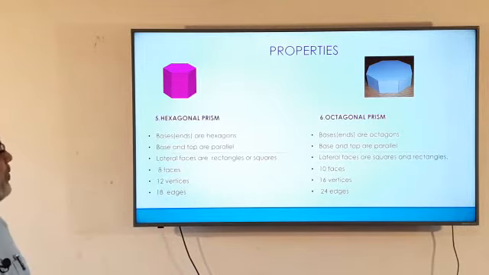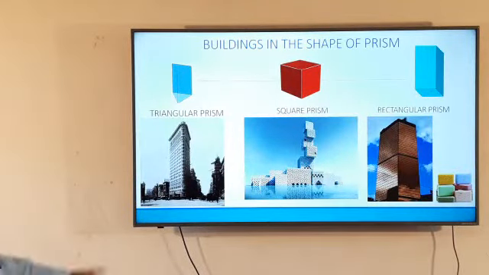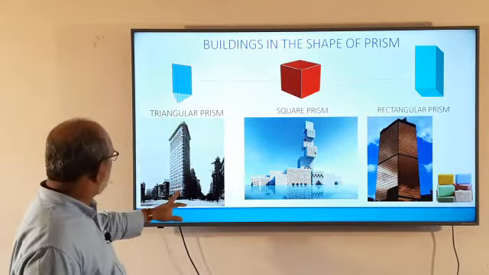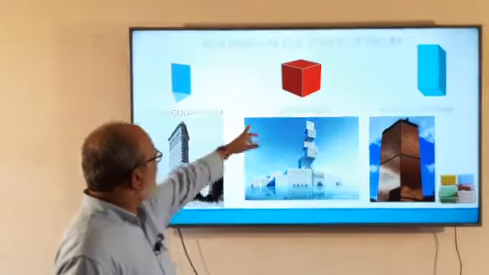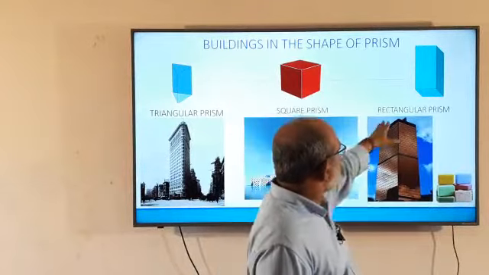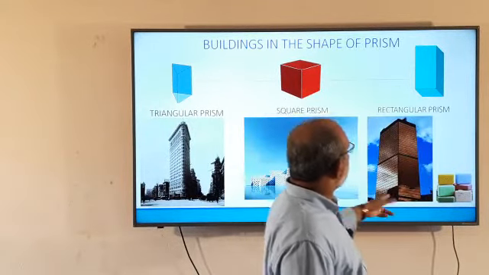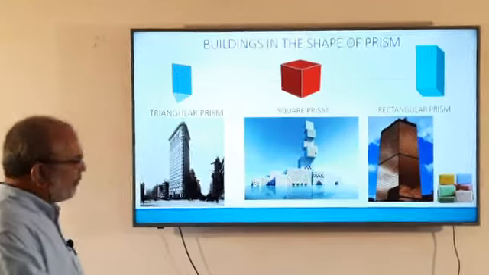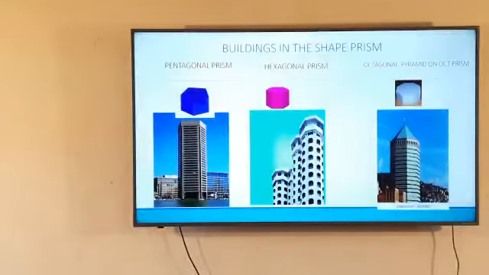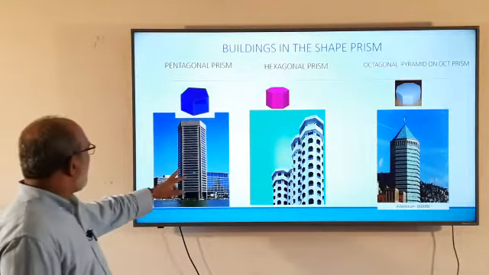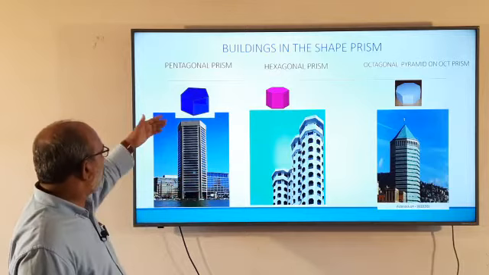Okay. And now you see some buildings in the shape of prisms. Here is a triangular base. This building has a triangular base. It's a square prism. Okay, square, cuboid-like, cube-like. Here a rectangular prism. It is cuboid-like. These are the big buildings in the world. Okay. It's a pentagon, 1, 2, 3 sides you can see, the other 2 on the other side.